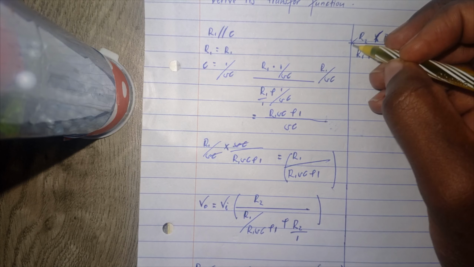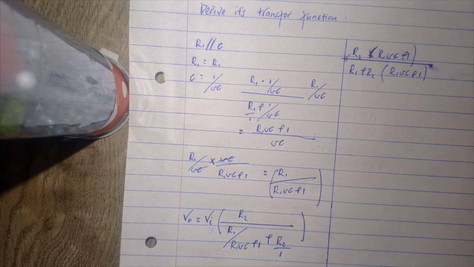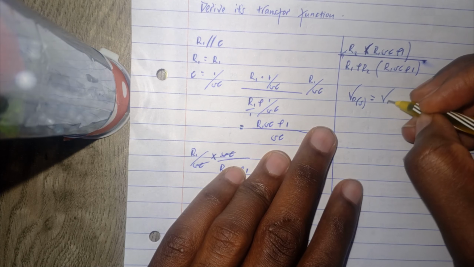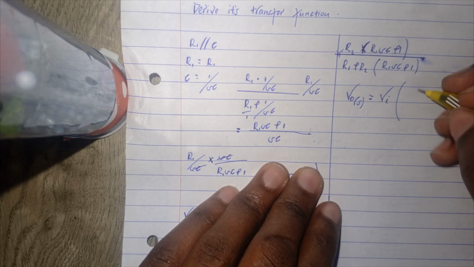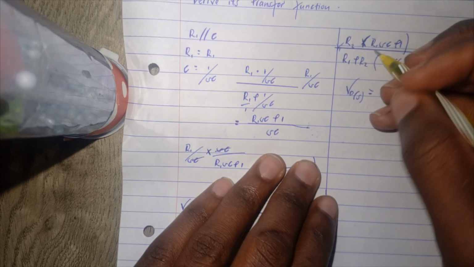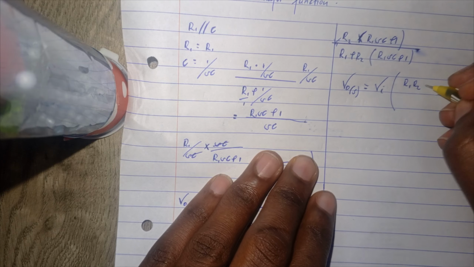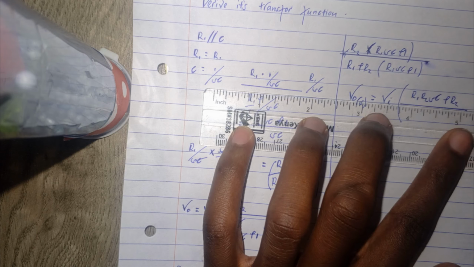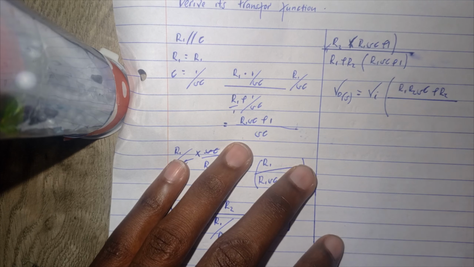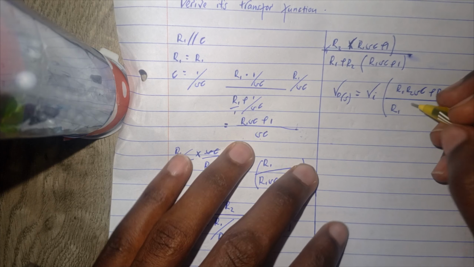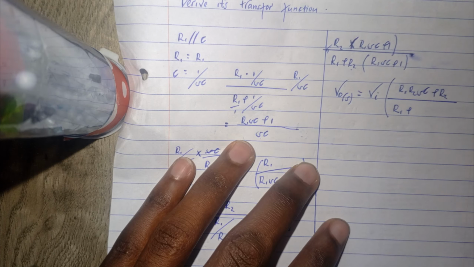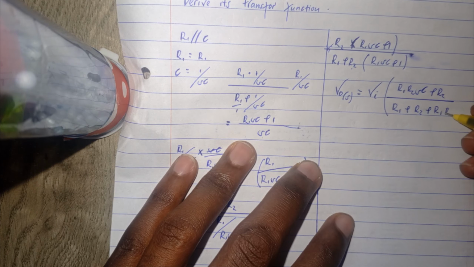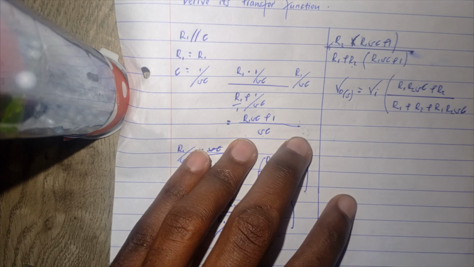And remember, we had a Vi here, so it's now going to be Vo(s) is equal to Vi into R2, R1, let's just multiply it, R1 R2 SC plus R2, divided by, hope it's seen, the bottom one, which is R1 plus R2 times R1 SC plus 1, let's just do it direct, R2 plus R1 R2 SC, yeah, like that.